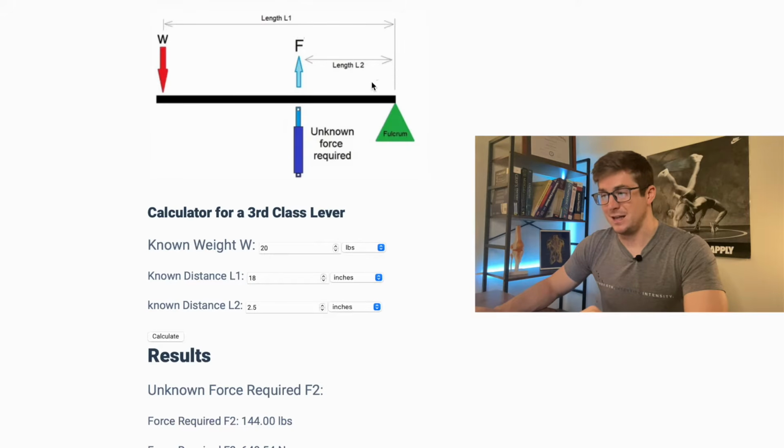So let's say that if we increase this by just 1/2 inch, which is a pretty long distance when it comes to anatomical distances, but let's just say 1/2 inch, so 3 inches, and then we'll hit calculate. Now only 120 pounds of force is needed to lift the same amount of weight.